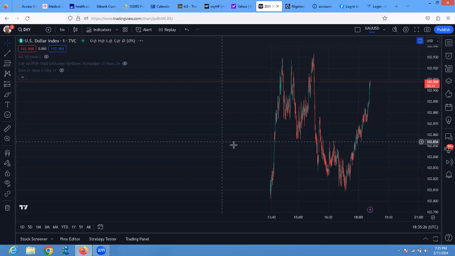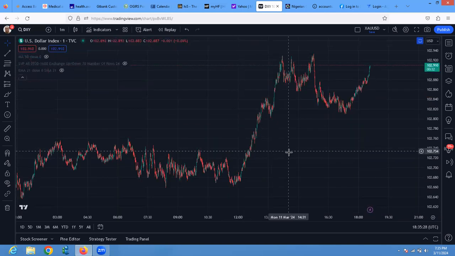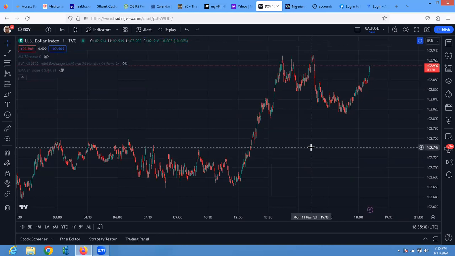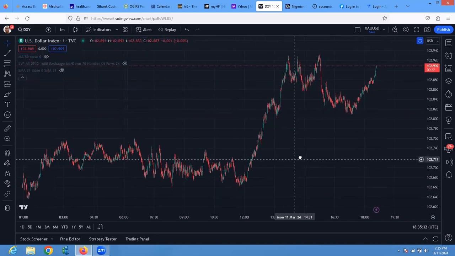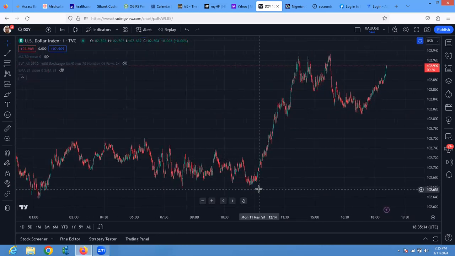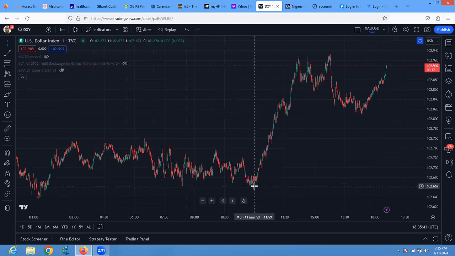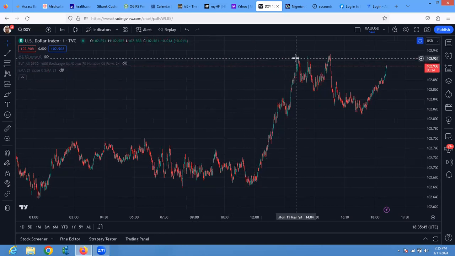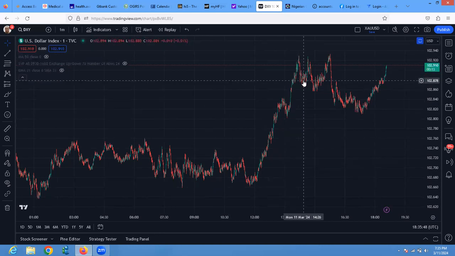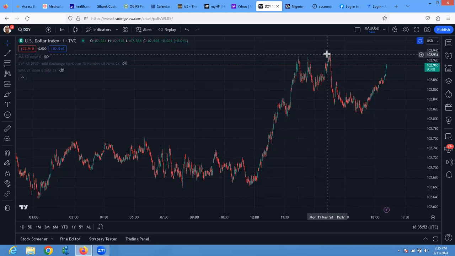Let it load. Okay. On a 1 minute time frame, what I can see here is a wave 1, an ABC, and a 2, and this looks like a 3, a 4, ABC of a 4, and this looks like a 5.